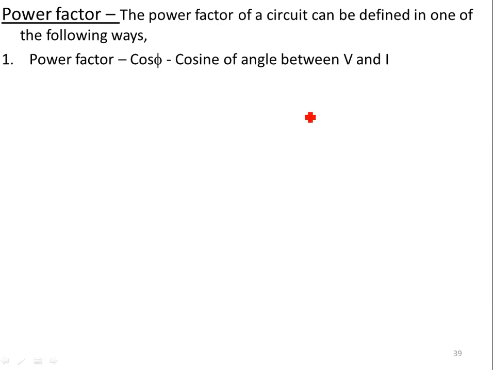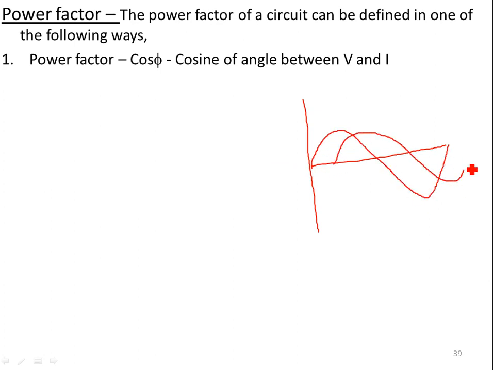If you are drawing a voltage and current waveform, say this is voltage and this is current I. I am drawing an example of an RL series circuit. Here current is lagging voltage by an angle phi. If you are drawing the vector diagram, voltage is at 0 degree, current is lagging voltage by an angle phi.